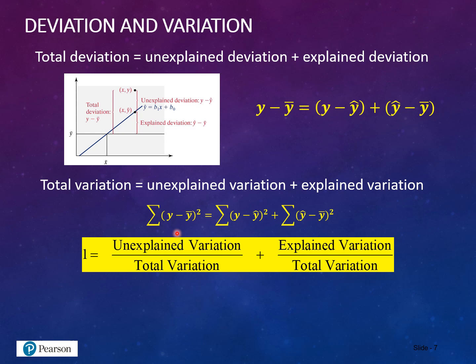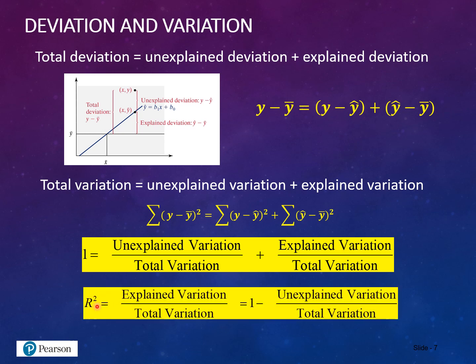Remember, or maybe not remember, but the coefficient of determination, or r squared, is equal to the explained variation over the total variation. R squared, the coefficient of determination, is equal to explained variation over total variation.